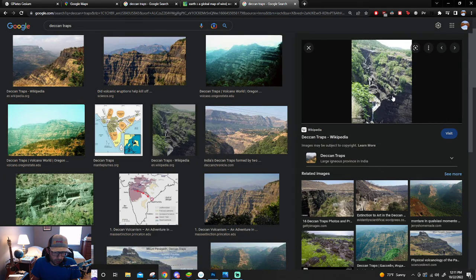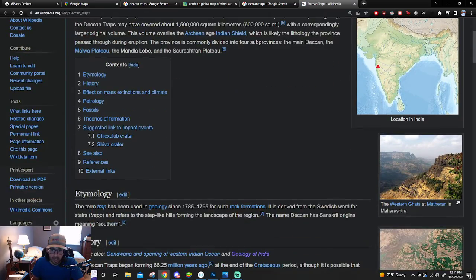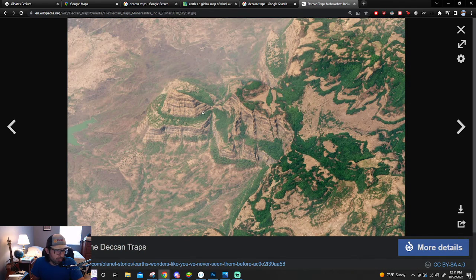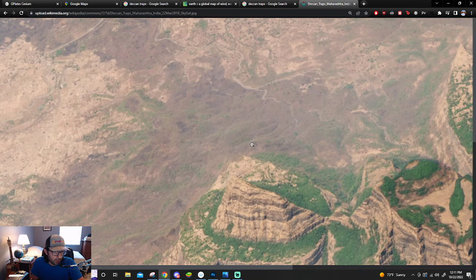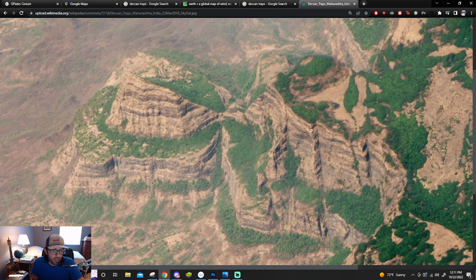This one especially shows it, if we can find a good image of it. This one shows it, this one shows it. You can see the currents right there, right here, just in the way the structures are. This is caused by currents.